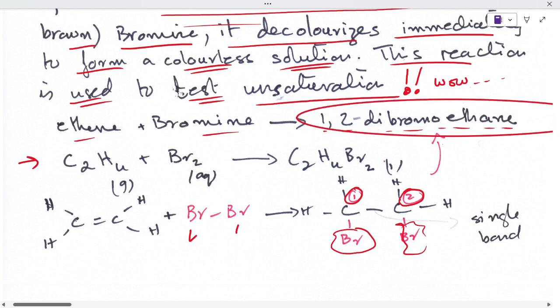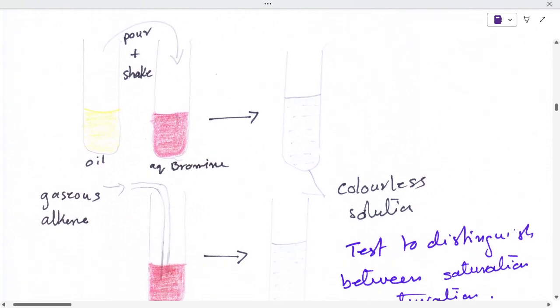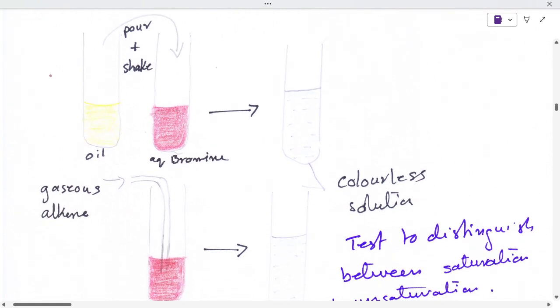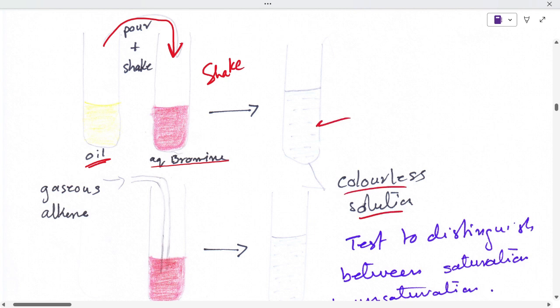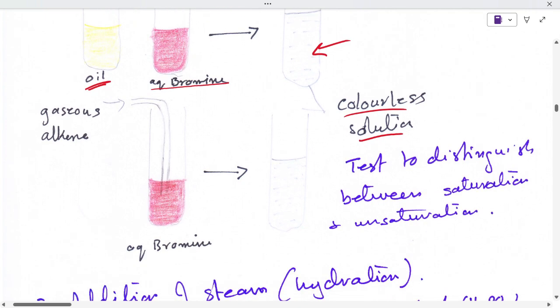Now I have drawn these test tubes on the right on this page, where there is first experiment where in one test tube we have oil and in another test tube we have aqueous bromine. Oil is unsaturated hydrocarbon. So when we pour this oil into aqueous bromine and we shake them, we'll see a colorless solution formed, which means that double bond has been broken and bromine is added into it.